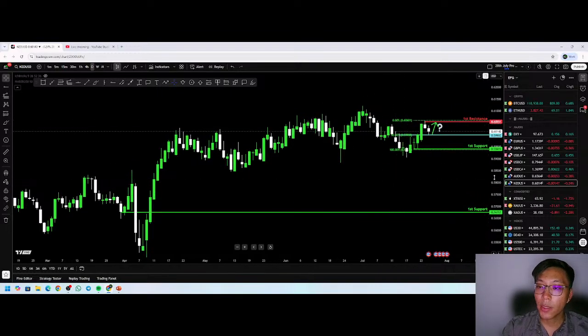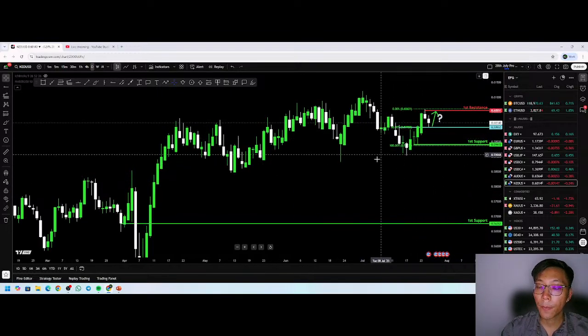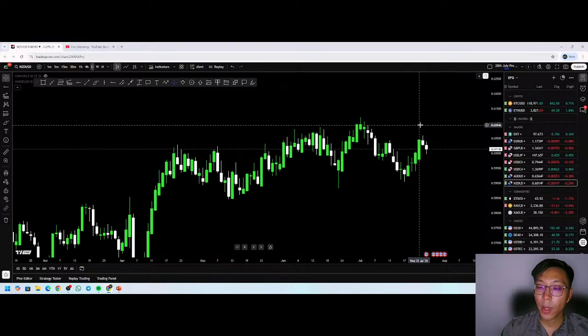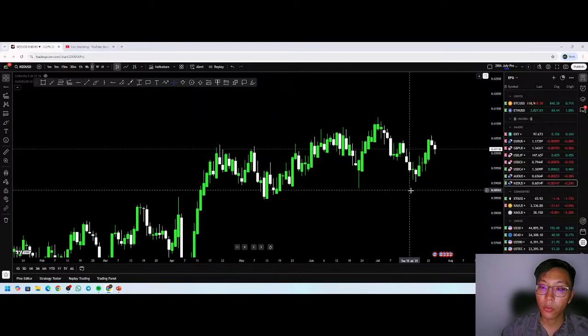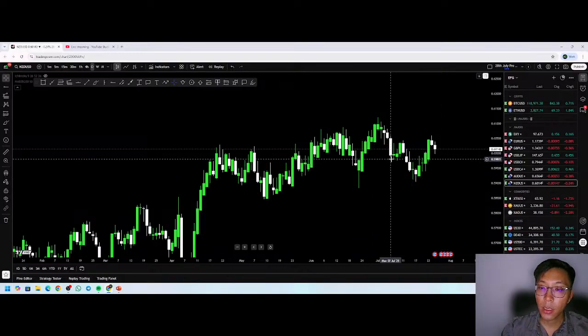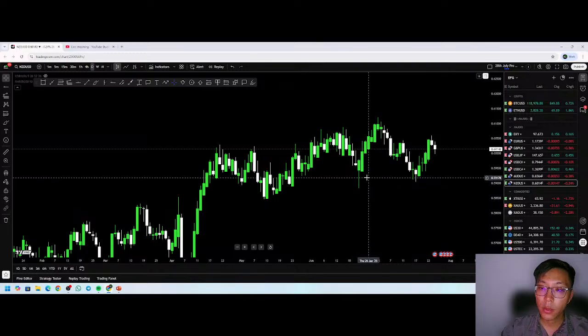Okay, so for NZD USD, let's see, a break past could possibly create a new pivot point, resistance, support.